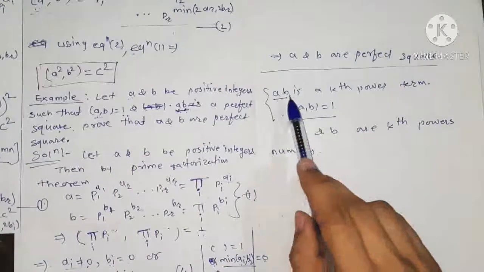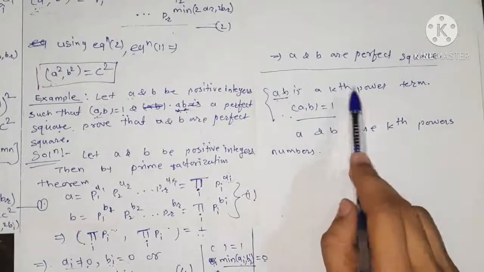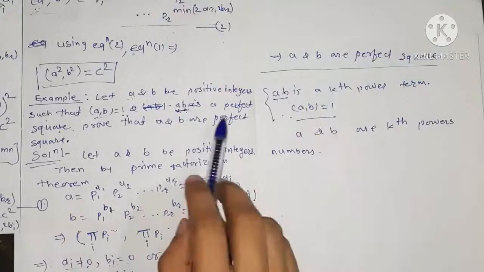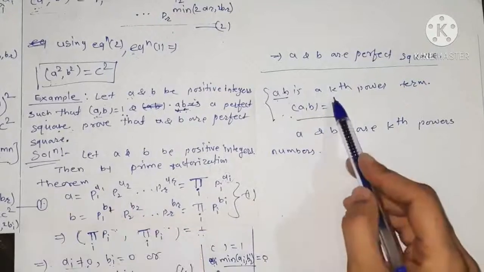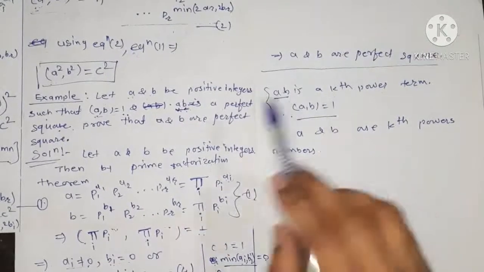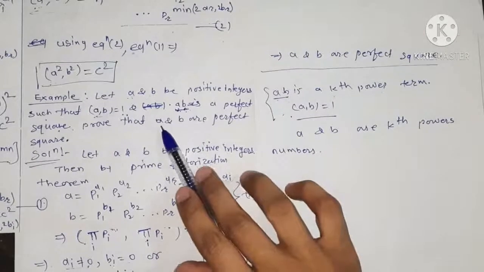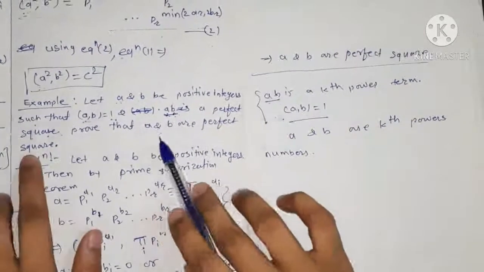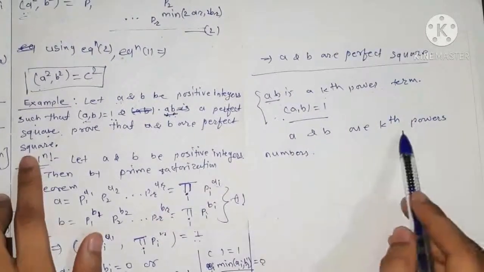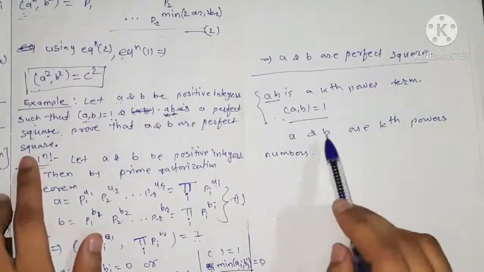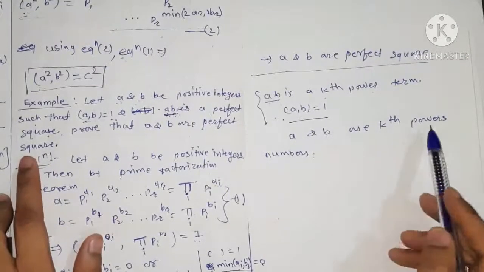That is, if the product is a kth power term, as here a perfect square is given, so here ab is written as a kth power, then the individual numbers a and b are also kth powers. So we have to prove that a and b can be written in kth power terms.